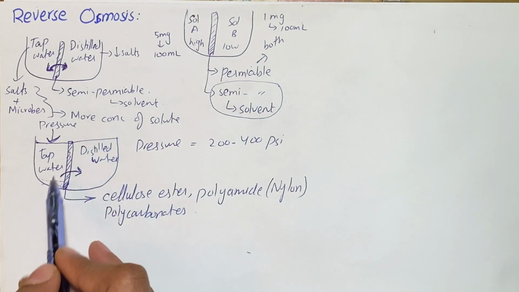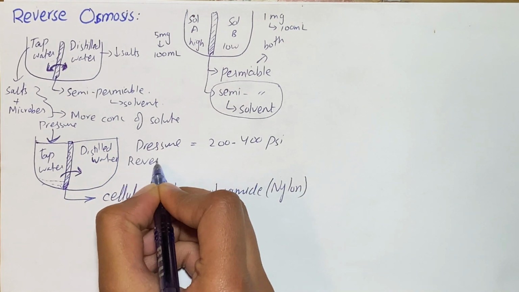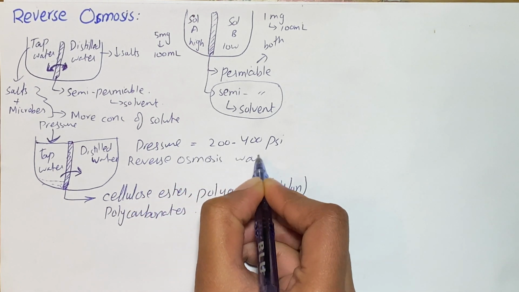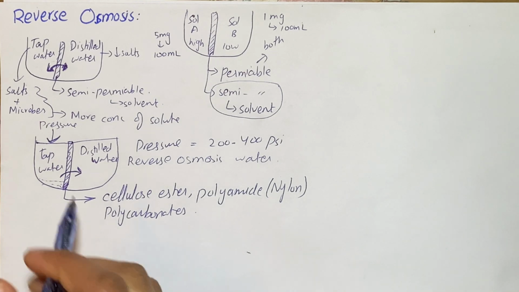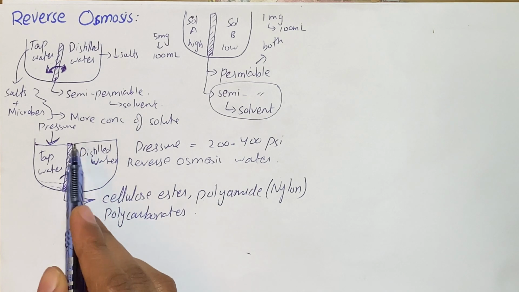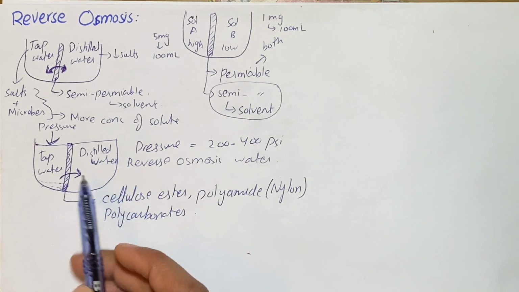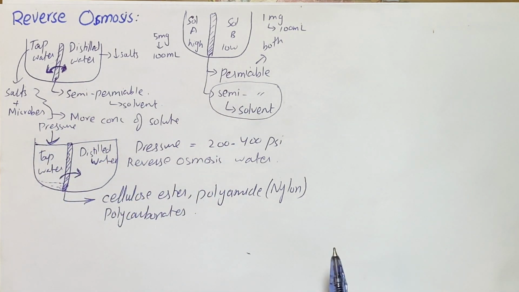The water which is being obtained from this process is called reverse osmosis water or RO water. So in other words, we can say RO is the process of forcing a solvent from a region of higher solute concentration through a semi-permeable membrane to a region of low solute concentration by applying pressure, that is almost 200 to 400 pascal.